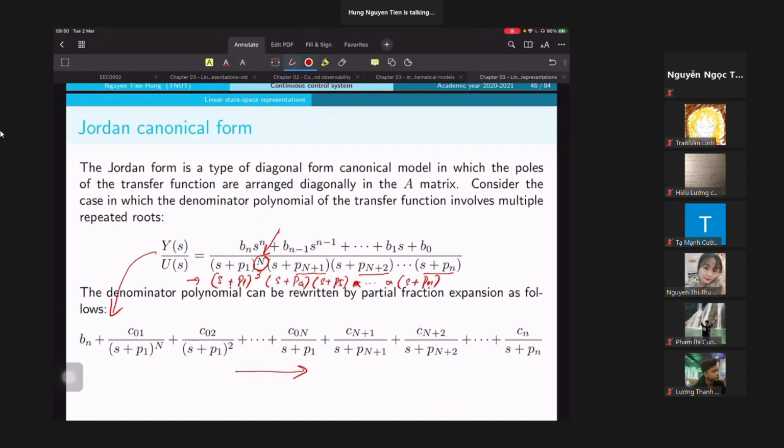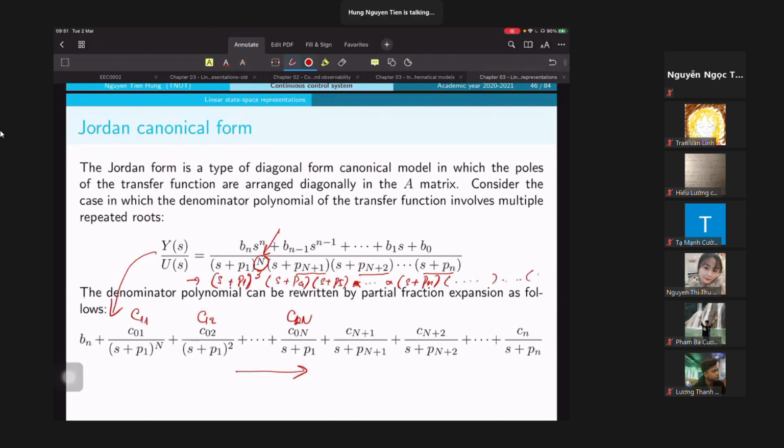Okay, I will write this a little bit. If you look at some books, they denote it by C11, C12, and C1n. But I assume that we got 3, and then we got more.